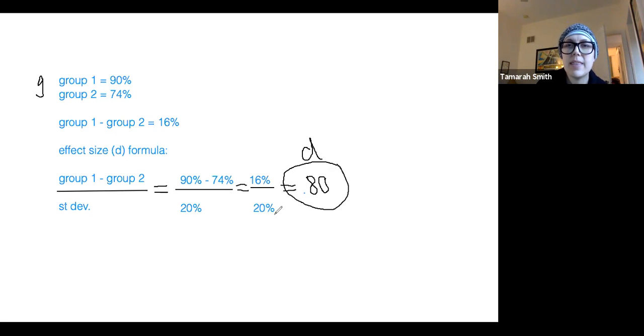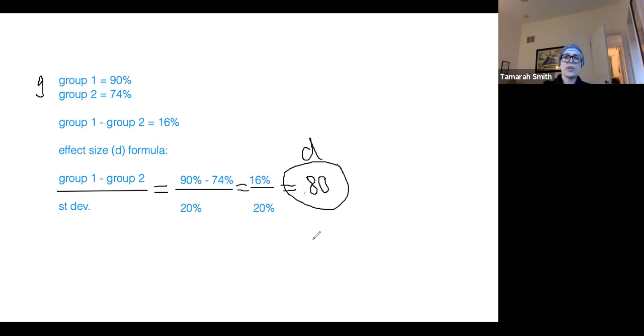Okay, so when I say they, who do I mean? I mean that this group, say this is like our experimental group, moved up 16 percentage points. And 16 percentage points is 80% of a standard deviation. So 16 is 80% of 20. So that's what the effect size is telling us.